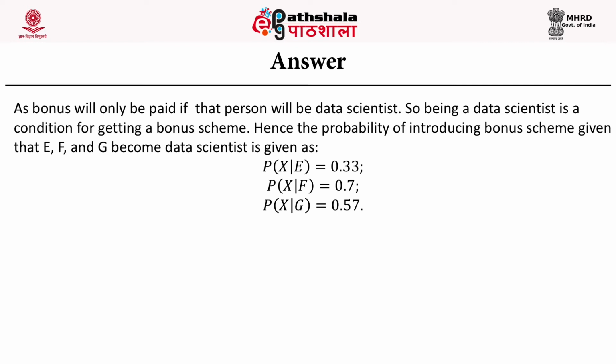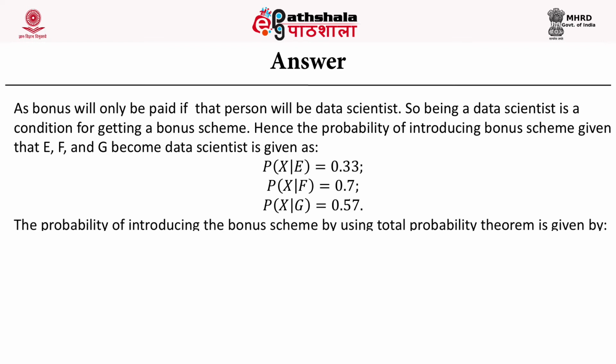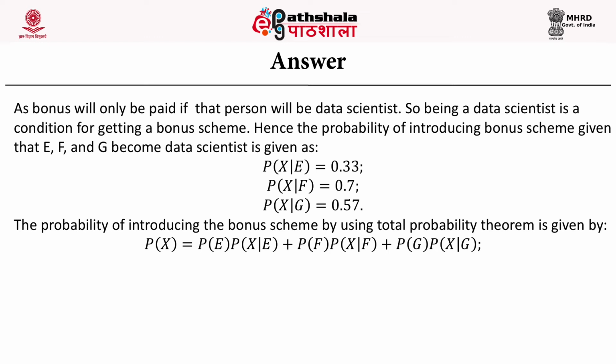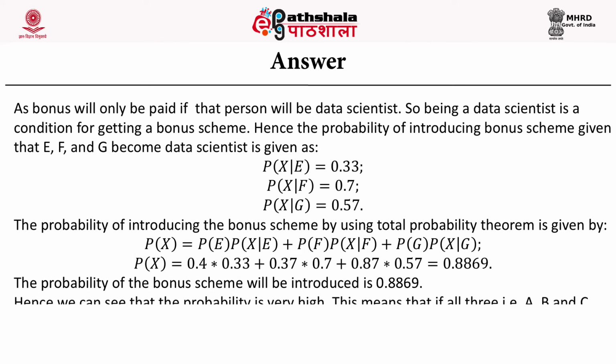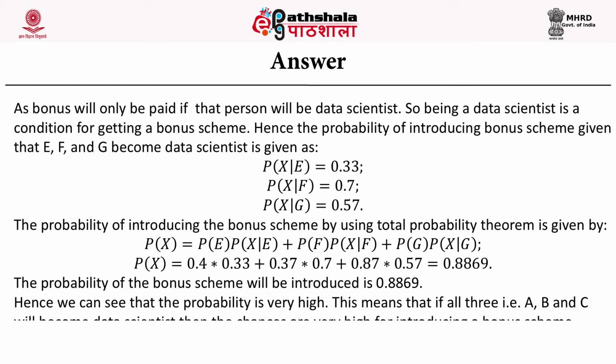So the probability of introducing the bonus scheme, by the total probability theorem, is given by the formula: probability of X is equal to probability of E into probability of X given E, plus probability of F into probability of X given F, plus probability of G into probability of X given G. After putting in the values, we can solve for probability of X, and it comes out to be 0.8869.